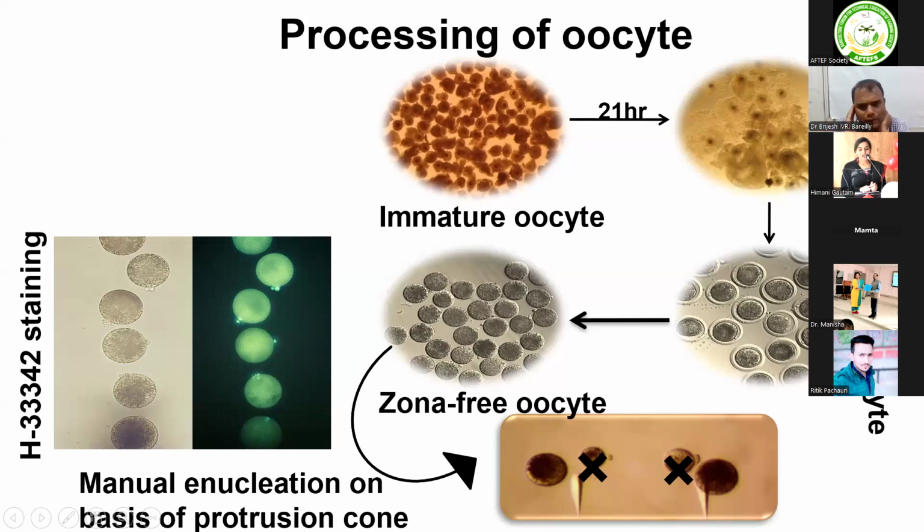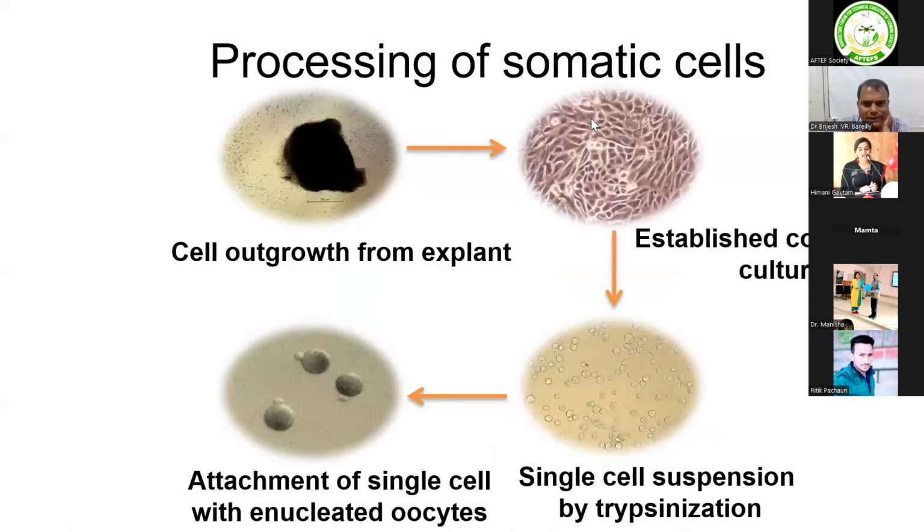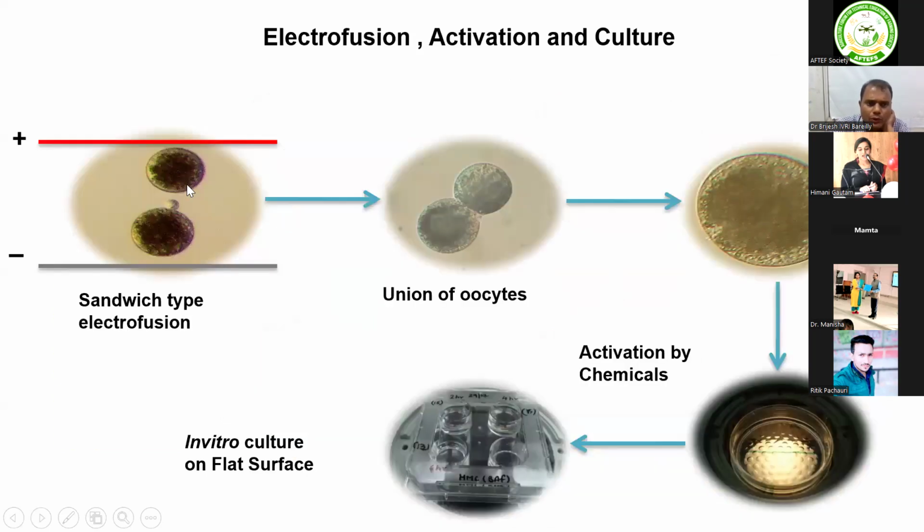So you have to take only cytoplasm, and then at the same time you are processing the somatic cell also. You have established the culture, single layer culture, single cell suspension. Then take the fuse cell. With the help of electrode, you fuse this oocyte with the somatic cell. So nuclear material from the somatic cell, you fuse with electrodes, and there will be gamete formation.